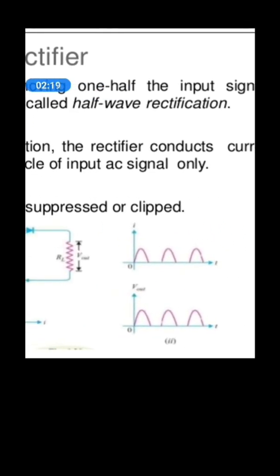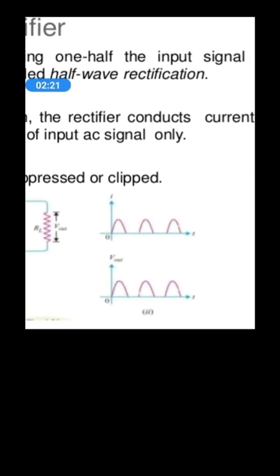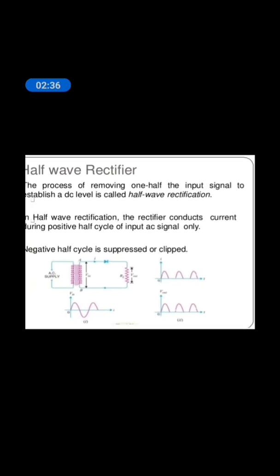It is clear in the graph for current and voltage that we get output only when positive half cycle of the input signal comes, and when negative half cycle comes, then we get 0 output.